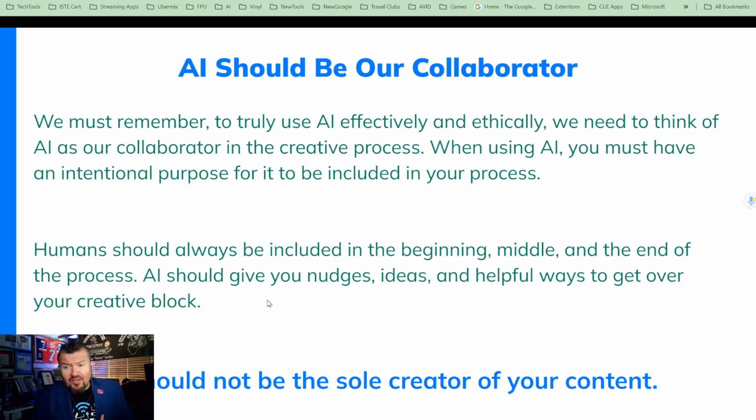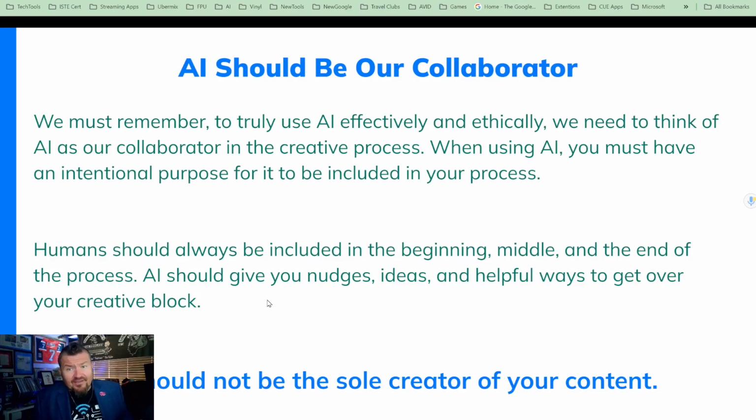We also have to acknowledge that there are so many different educators and so many different institutions. Your institution may have so many innovative educators that you can rely on. But there are others who are departments of one, and they need that extra help. They need that collaborator, and AI can be that collaborator.